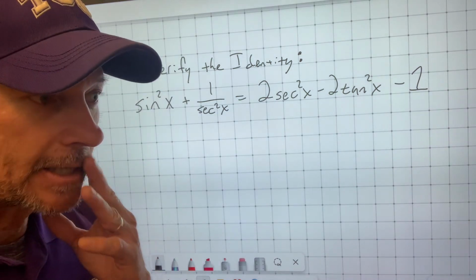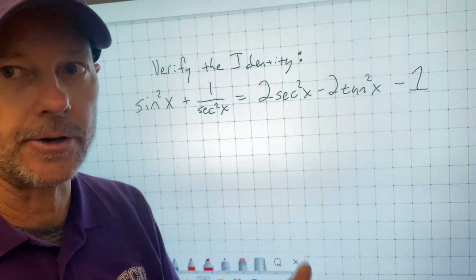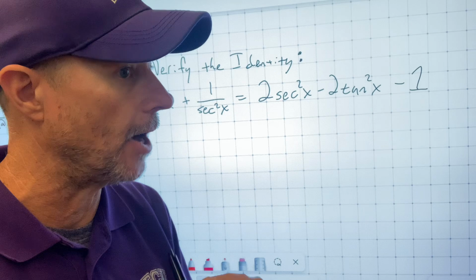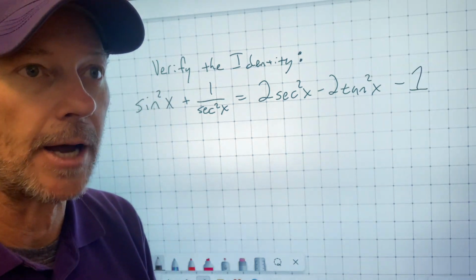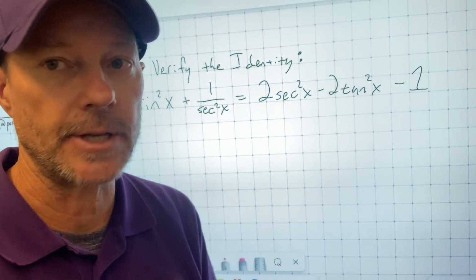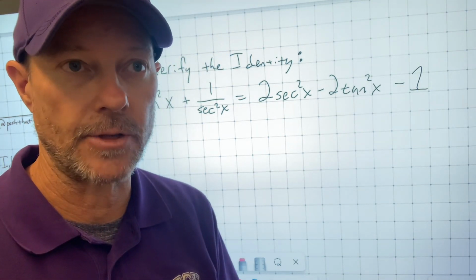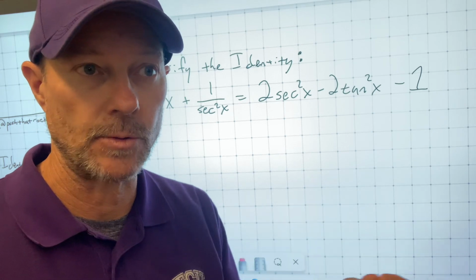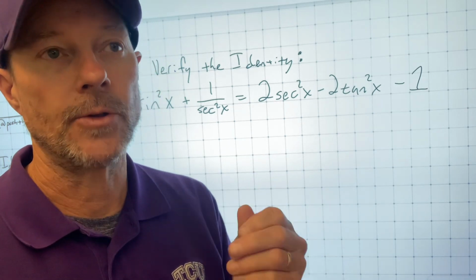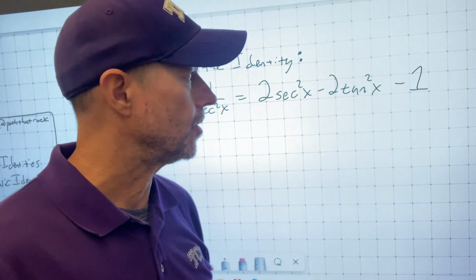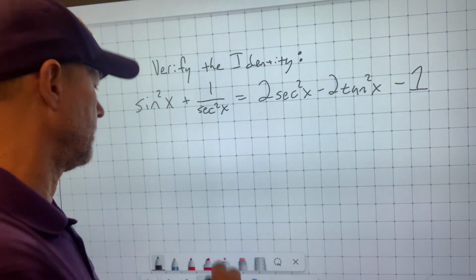Now, the process is to pick one side or the other and deal only with that side, not changing its value. So you have to do algebraic manipulations that can include substitution, multiplying by 1, adding 0, things that don't change the value. So you pick one side, you deal only with it, with the goal of getting to the other side. So in this case, I'm going to pick the right-hand side.